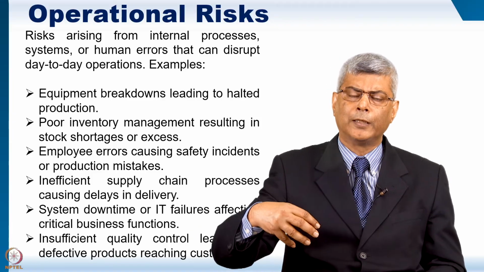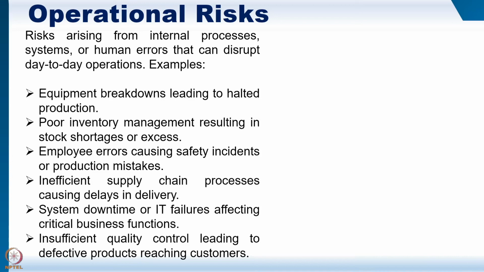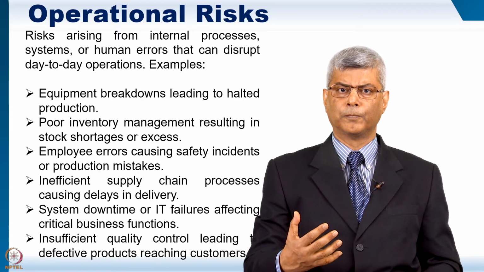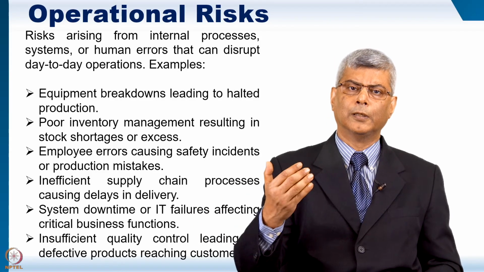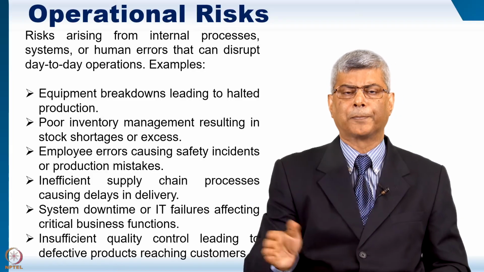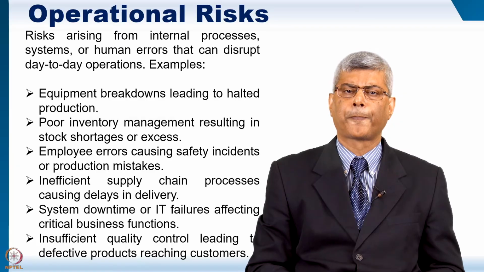They import from China, they import from US, they import from Europe, they import from Middle East. Or you may have a plant in Mumbai, but the raw material is coming from UP, or Bihar, or Karnataka, or Madhya Pradesh. But if you run out of inventory, or your supplier doesn't supply you because of some problems between your company and the supplier, your business stops. These are risks that need to be managed.